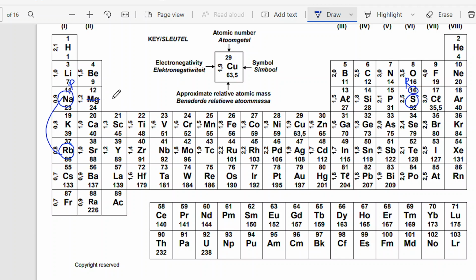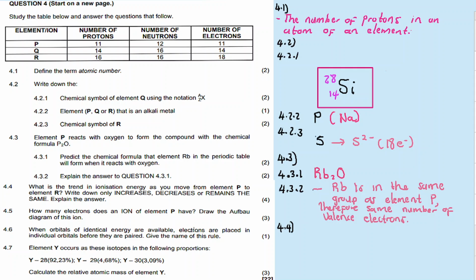As we move from P to R, in other words I'm moving from group 1 all the way to group 6. But what is the trend in ionization energy?